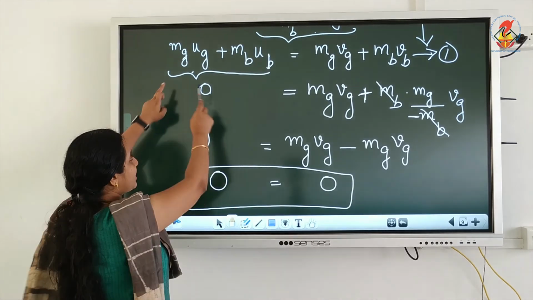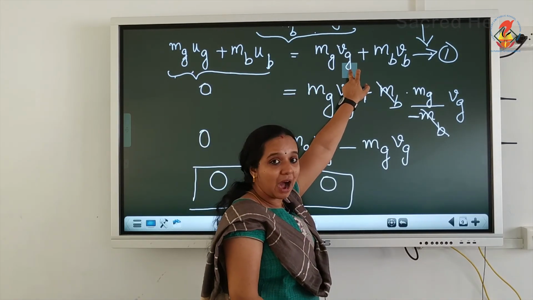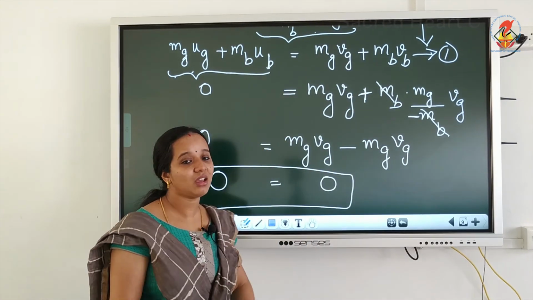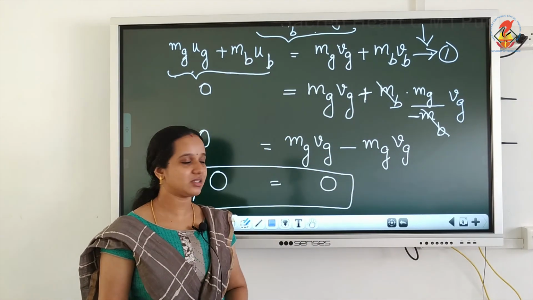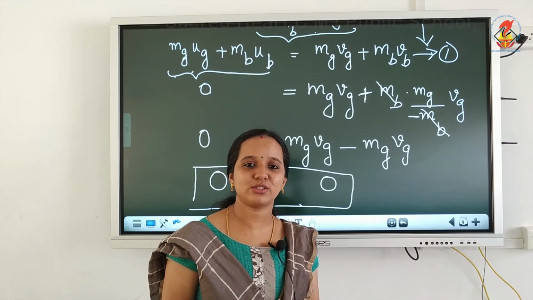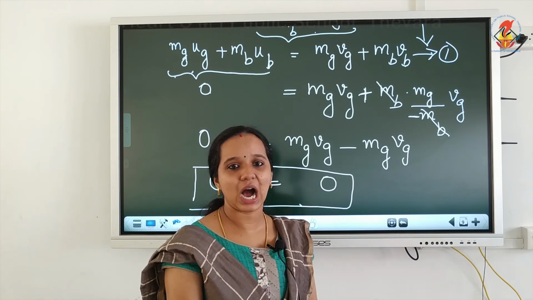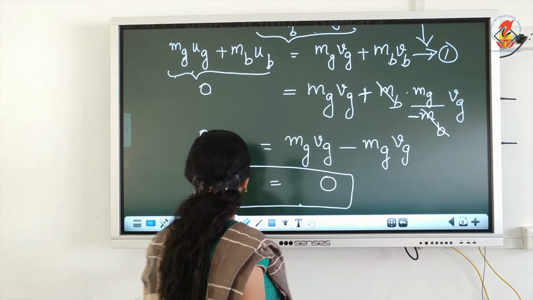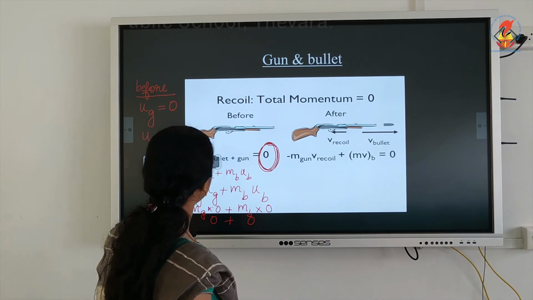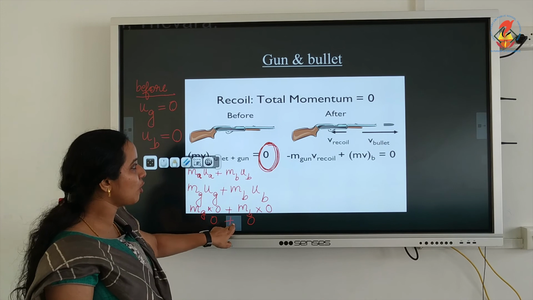That is, total momentum before firing and total momentum after firing are equal. That is, the momentum is conserved in case of recoiling of gun before firing and after firing. Before firing the total momentum was 0.